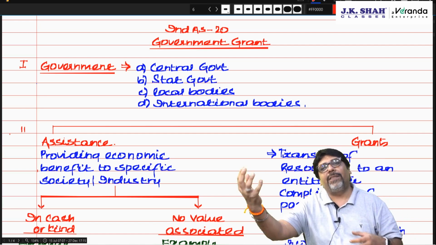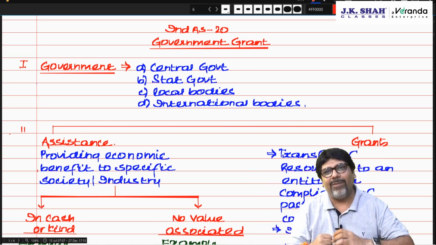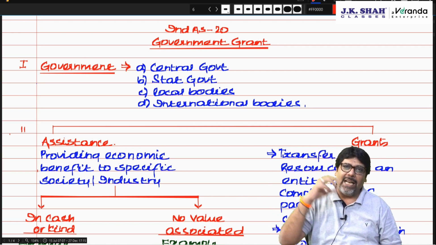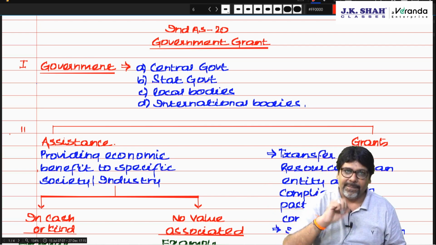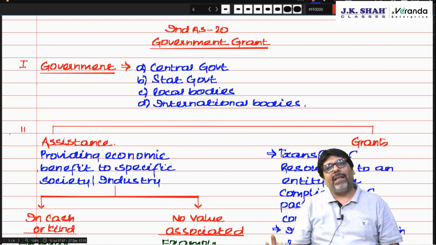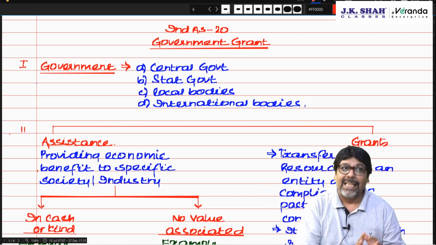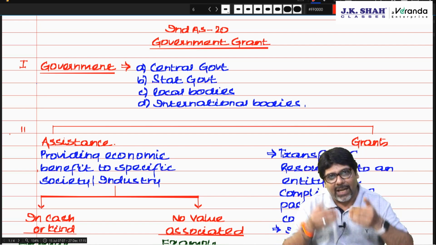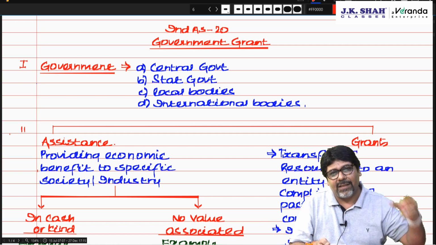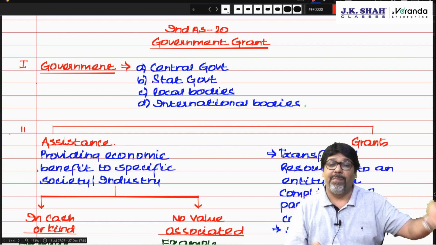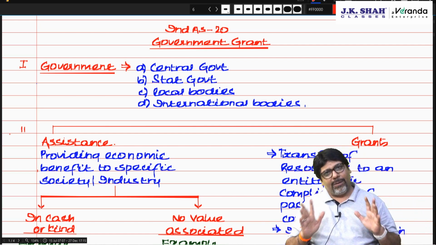So first you got the money and then you are supposed to use that money and fulfill a condition. Government gives you land to construct a hospital. Correct? Government gives you machinery to produce clothes for the poor. That means first government gave you the grant and thereafter certain restrictions are imposed on how that grant should be used. Correct? So there are two types.